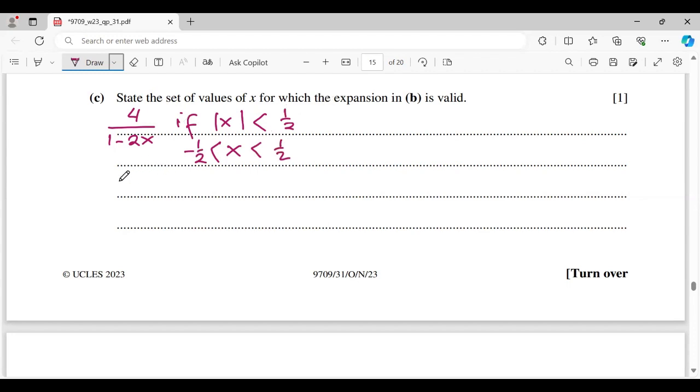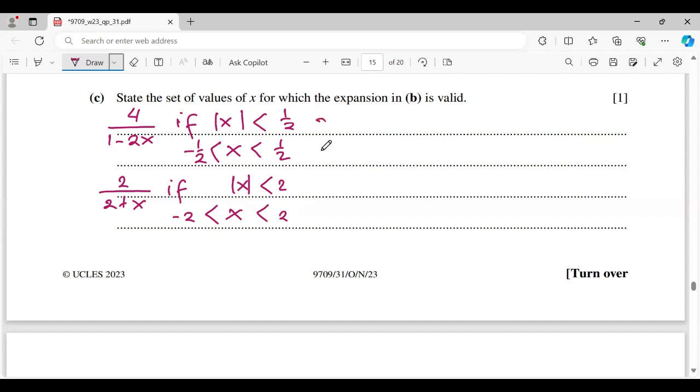And for 2/(2 plus x), if modulus x is less than 2, it means x is greater than negative 2 and less than 2.